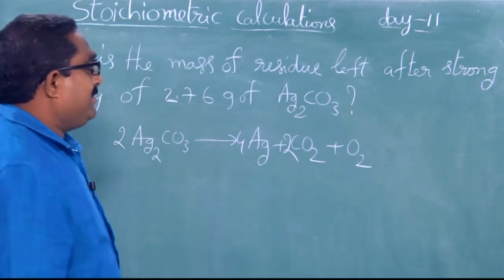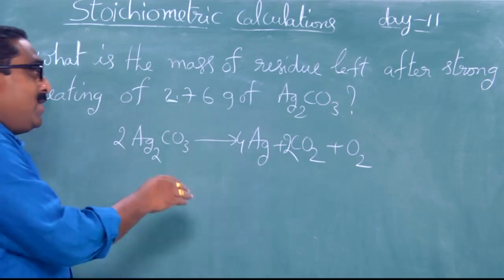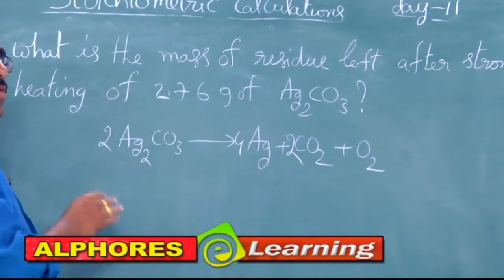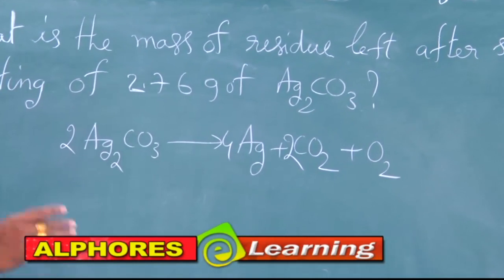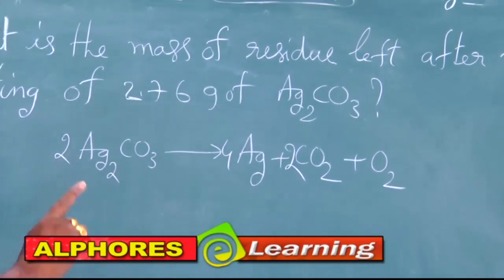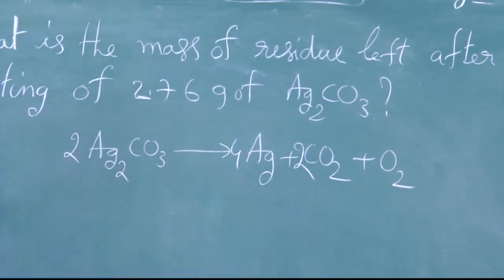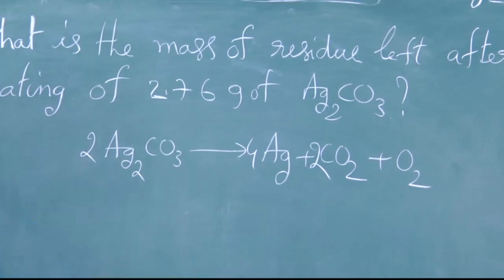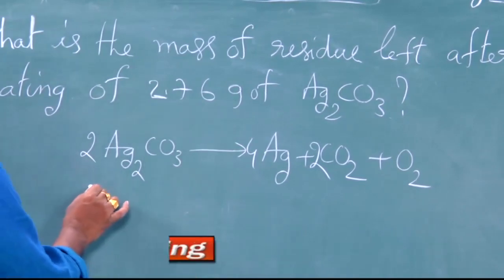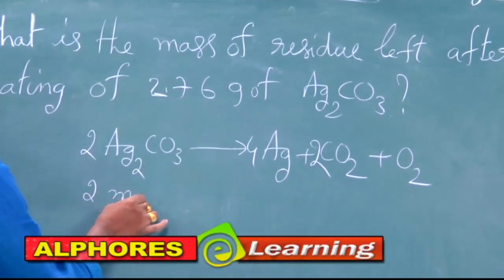By the completion of the syllabus you get that knowledge, and we are at the beginning stage, so we will give the equation, but you should be in a position to solve. That is more important. Okay. Now, this is the balanced chemical equation for the decomposition of silver carbonate. So, based on the balanced chemical equation, we can write moles.